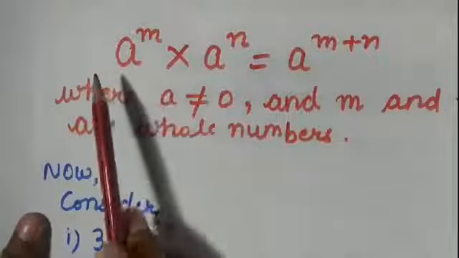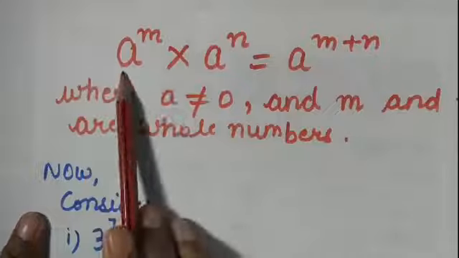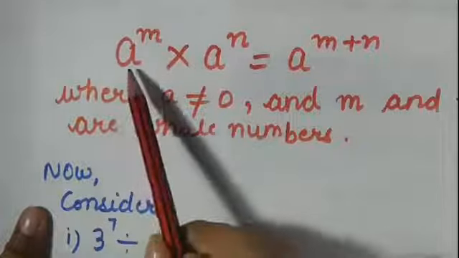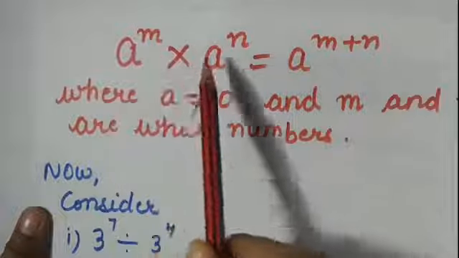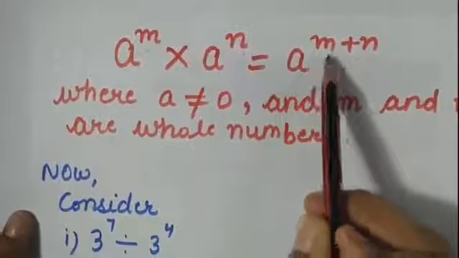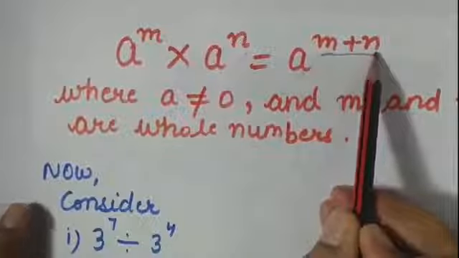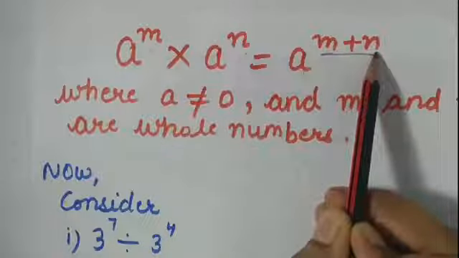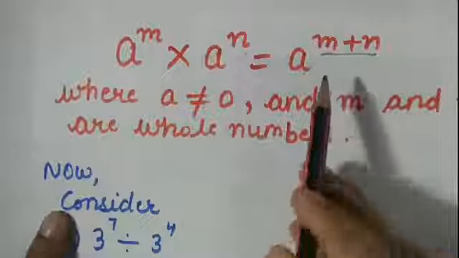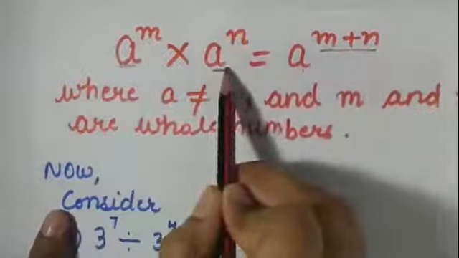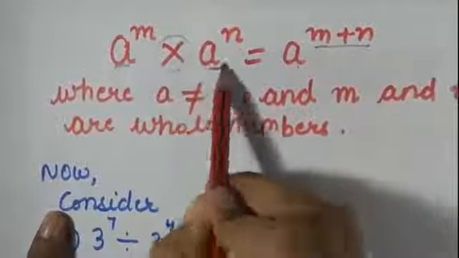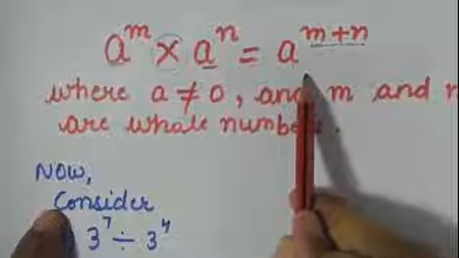Based on the previous examples, we came to the conclusion that a raised to the power m into a raised to the power n is equal to a raised to the power m plus n. This we have observed from the examples that I have explained. Whenever the bases are the same and we are multiplying the exponential numbers, the powers get added.